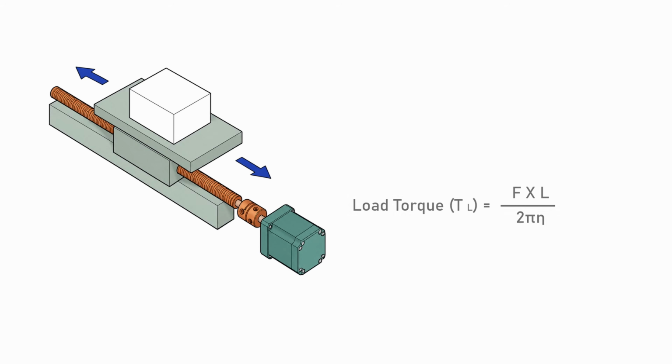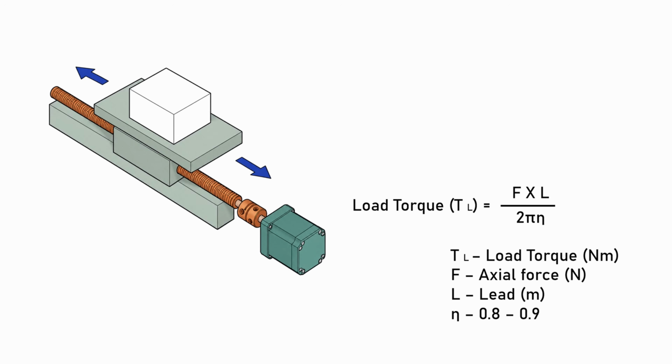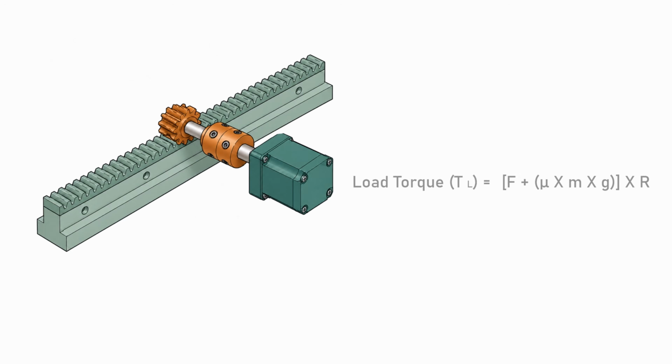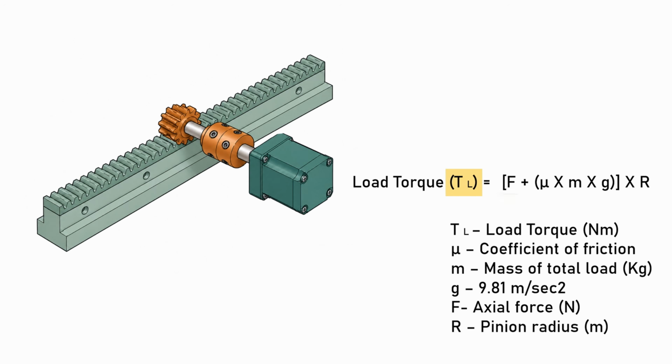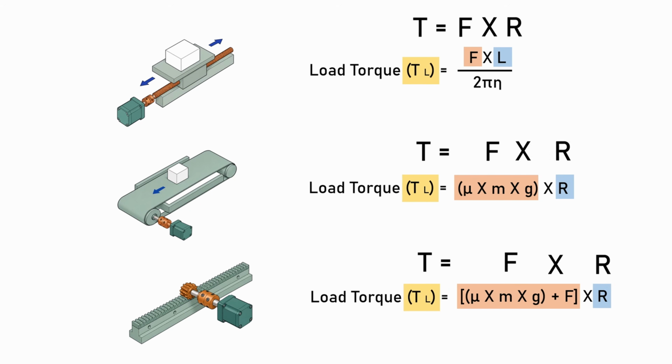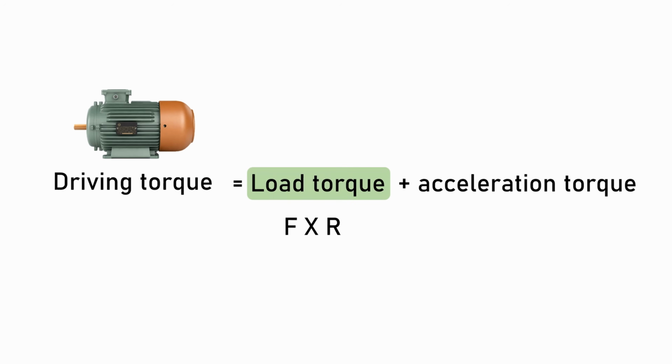For example, in a ball screw or a lead screw mechanism, driving load torque depends on axial load and screw lead. Whereas in a horizontal belt conveyor, driving torque depends on total load, friction, and roller radius. Similarly, in a rack and pinion mechanism, driving torque depends on axial force, friction, and pinion radius. If you have noticed, all these load torque formulas are derived from torque equals force times radius. And that's the mechanical load torque.